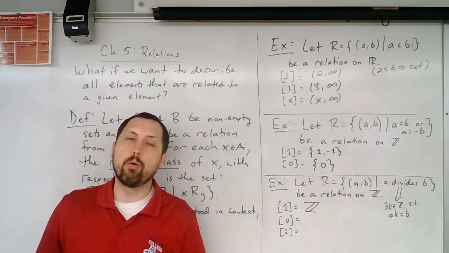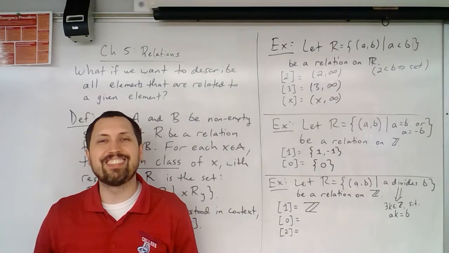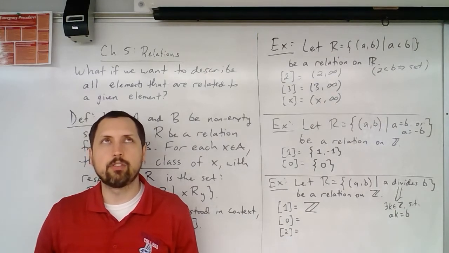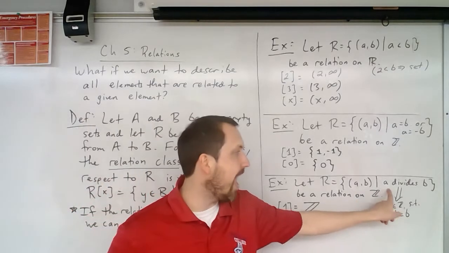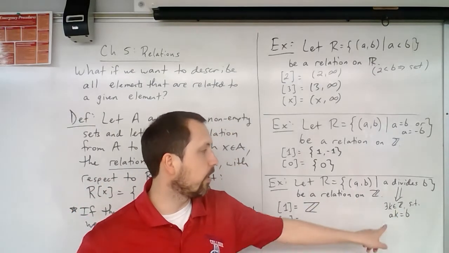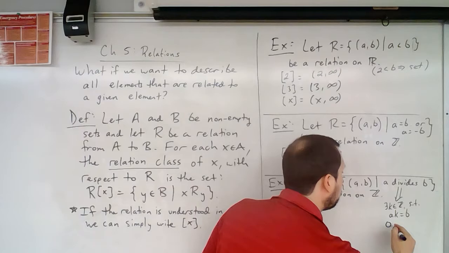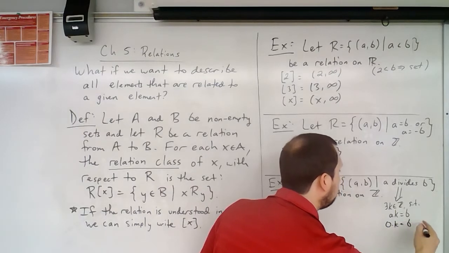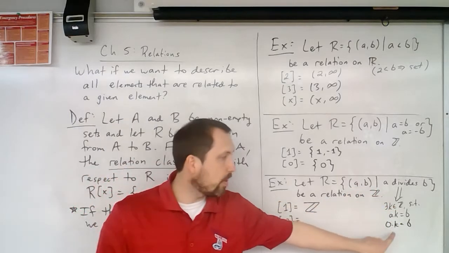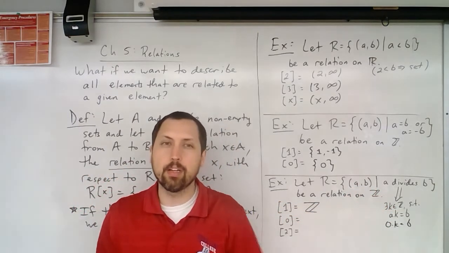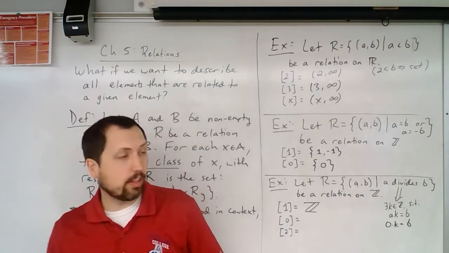Now 0, what numbers does 0 divide? Again, we're thinking that these are going to be this a in this case. So we're going to have 0 times some k is equal to b. k is allowed to be any integer. So what is b allowed to be then? Well, 0. That's the only thing.